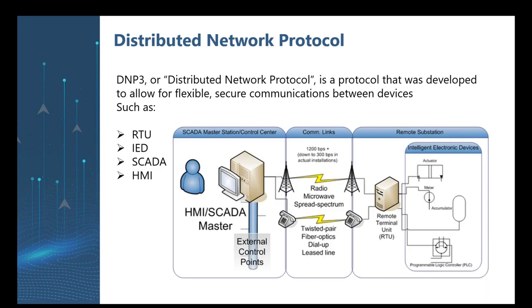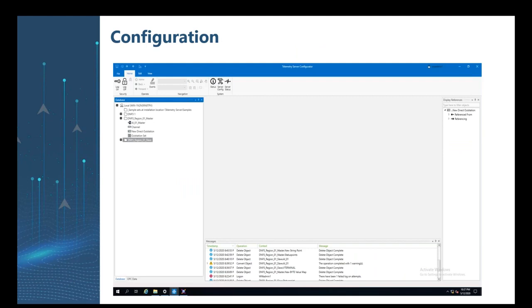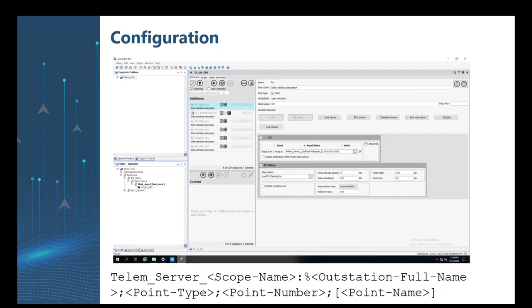Now, regarding the configuration, as mentioned here, the configuration is on a totally different server. It's not the OI server. So we will create a new session just for the telemetry server, because here you see we will create the channels, slave, master, the I/O, and there are many options in AVEVA's telemetry server.